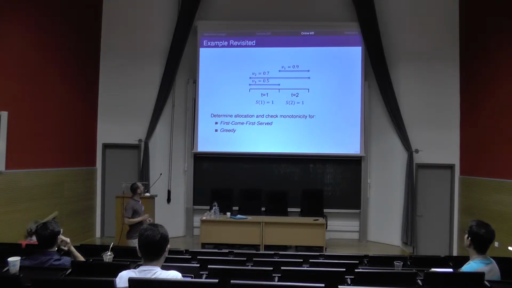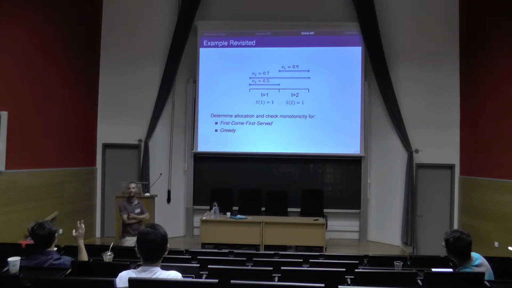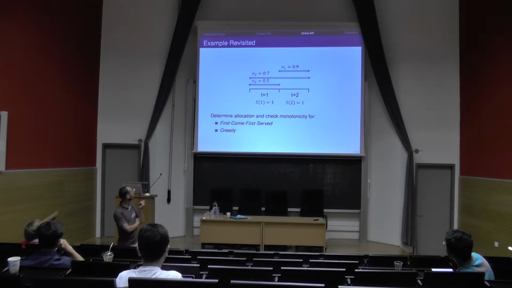Okay, so let's do this example here. So the allocation, first come, first served, who gets one item? Agent 2 gets an item, and anyone else?